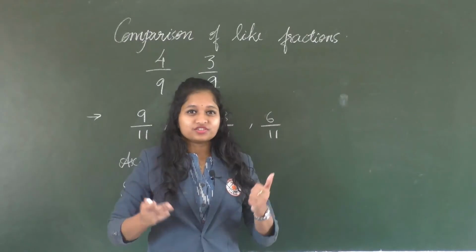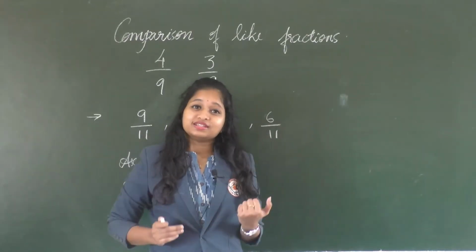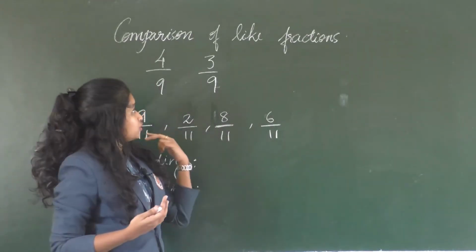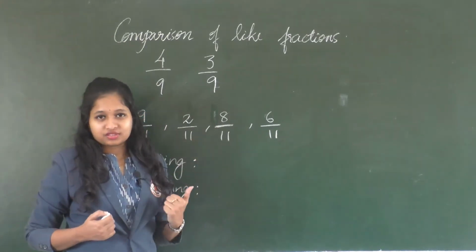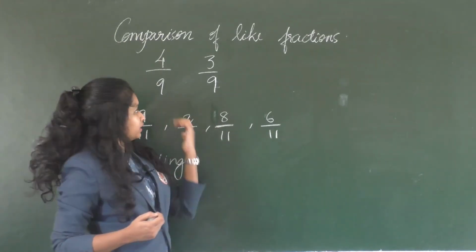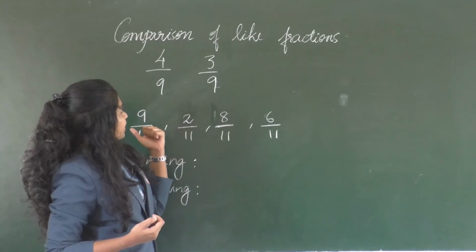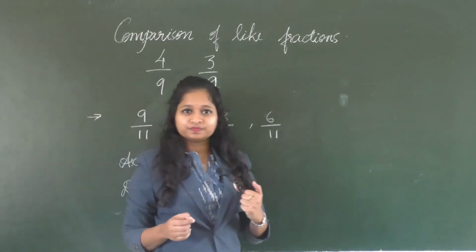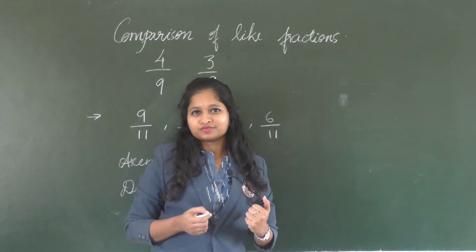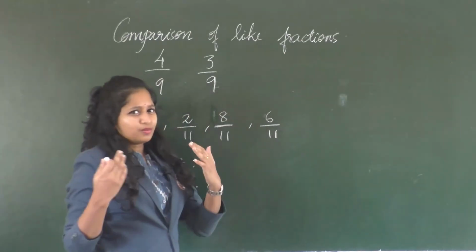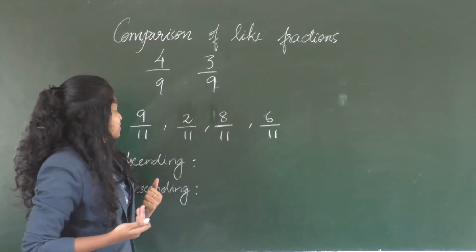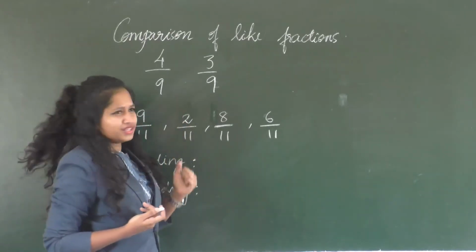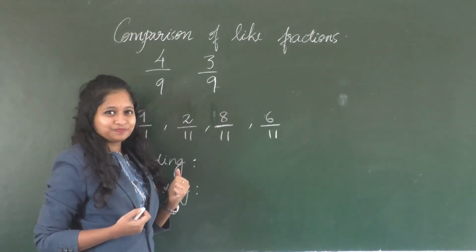Okay. So children, now let's learn how to compare two like fractions. Okay. Here I have 4 by 9 and 3 by 9. Can you tell me which is greater? Yes, some of you have guessed that 4 by 9 is greater, isn't it?